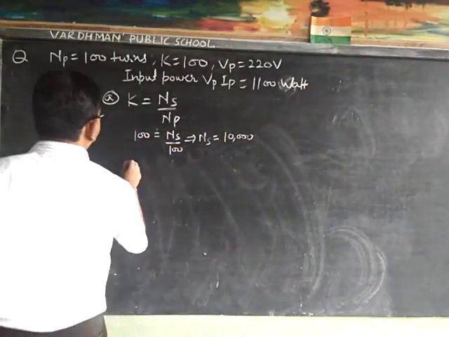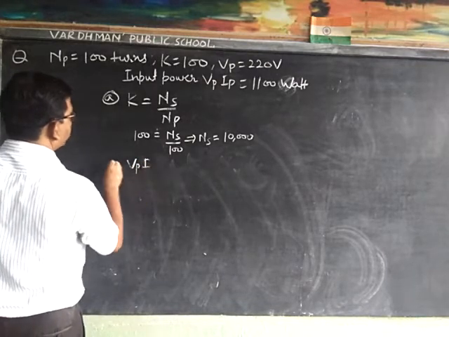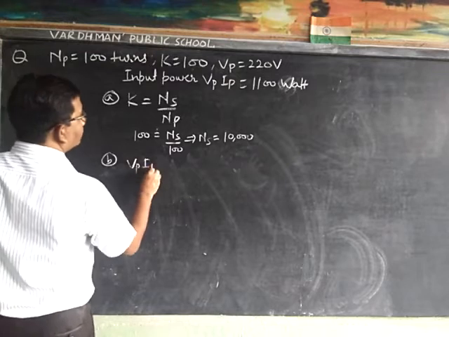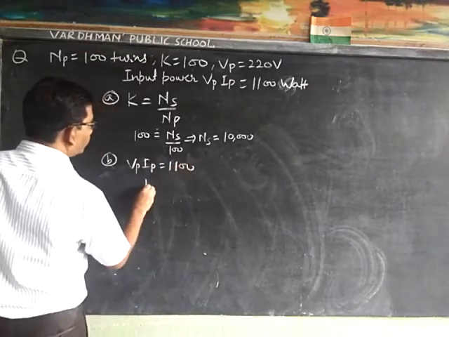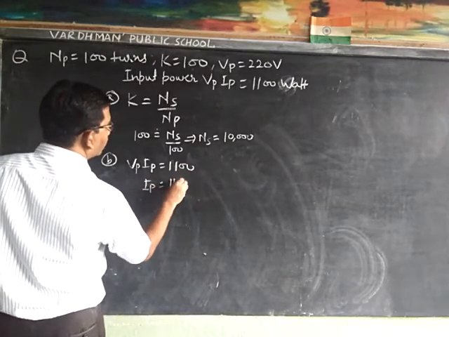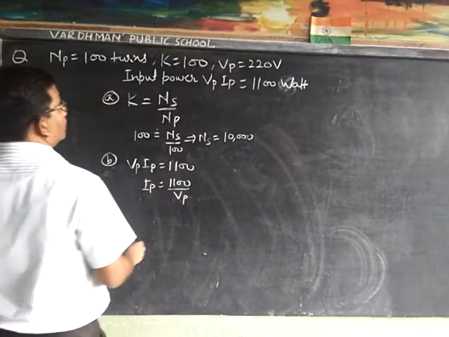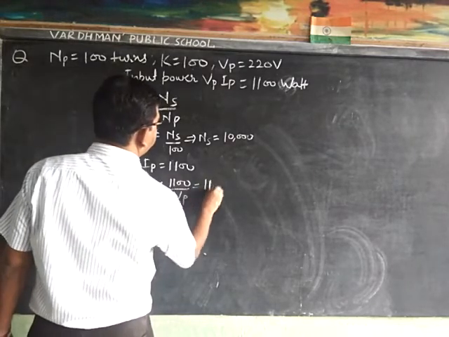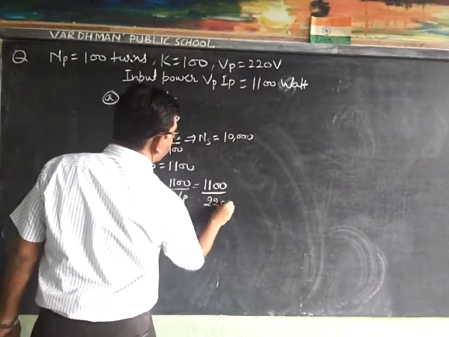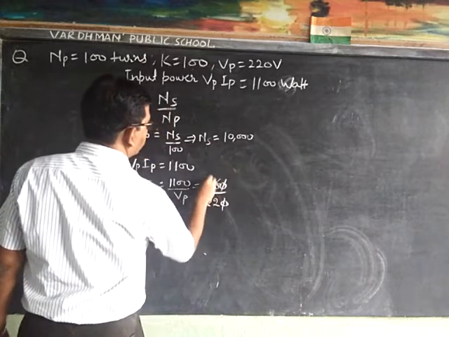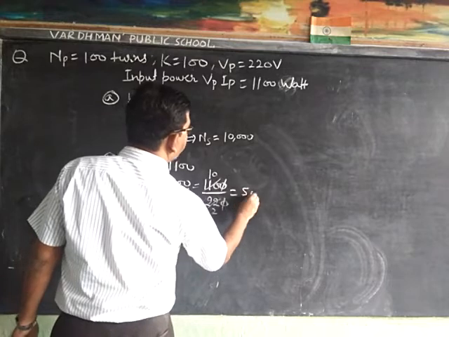We know Vp Ip is equal to 1100, so Ip is equal to 1100 upon Vp. Now 1100 upon Vp, 220 volt, that is 5 ampere.